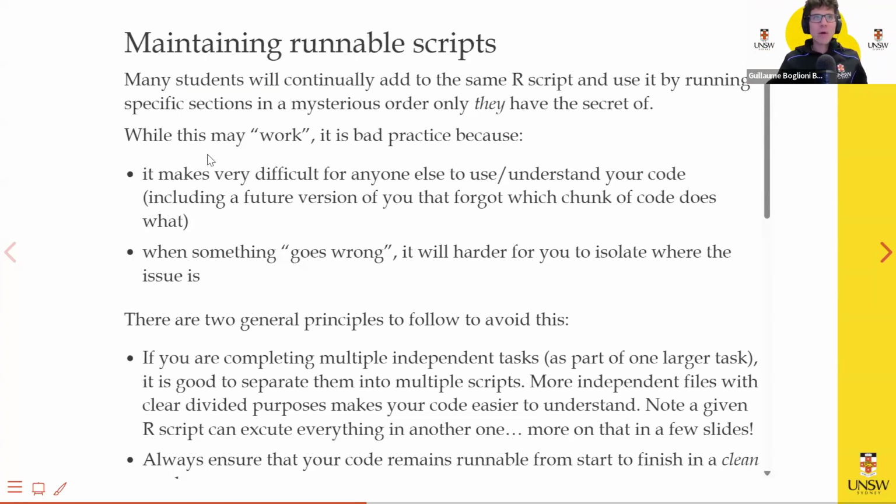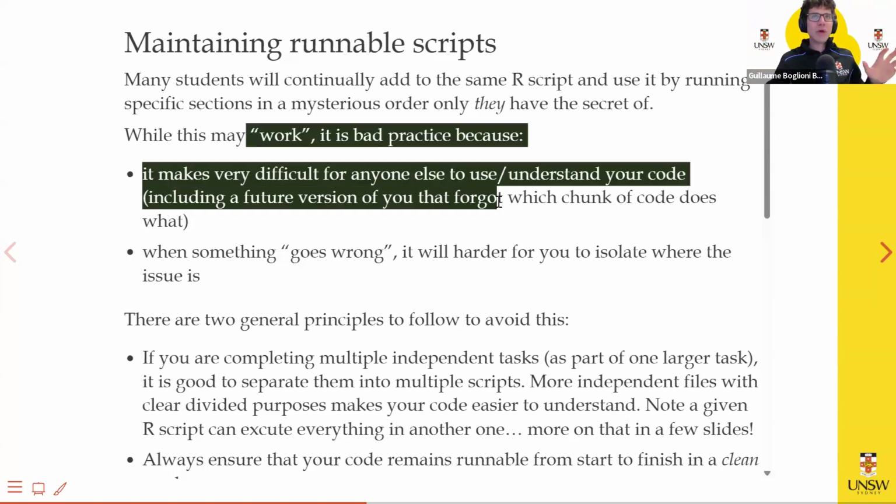This is bad practice. Now, it might work, especially for small tasks like an assignment in first year, but eventually you'll get to make bigger projects in uni and then outside, when you start working, and I mean working to earn money. Then it's really bad practice to have a big code file that does a whole bunch of things, but only the user knows what piece does what in what order.